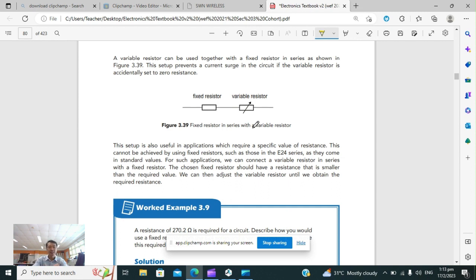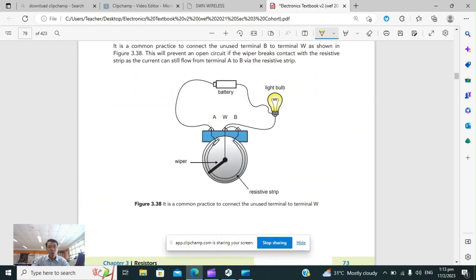Another good habit is, of course, to use a fixed resistor with the variable resistor. Why? If I only have a variable resistor, a trim pot here, if by accident you rotate it in the wrong direction, and you have rotated the wiper over here, what you have done is reduced this to 0 ohms, because the current comes here, goes through here, meets the wiper, goes directly up and through.